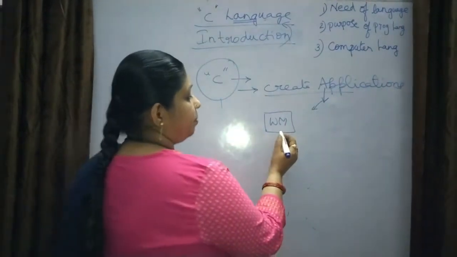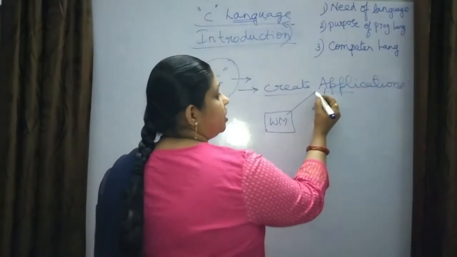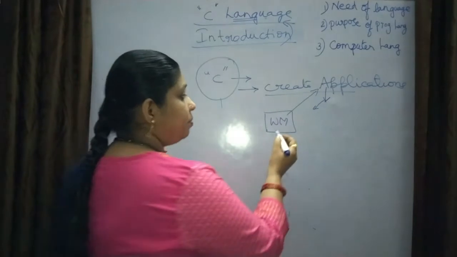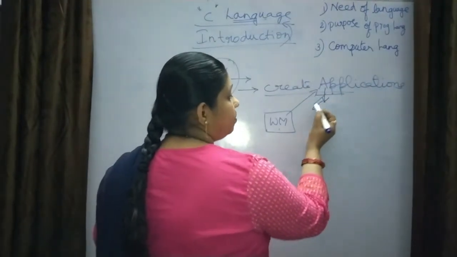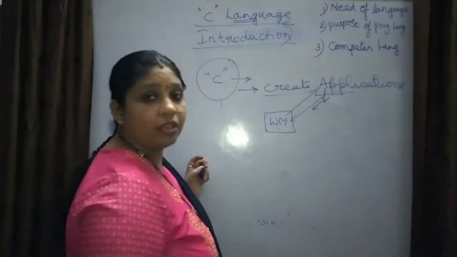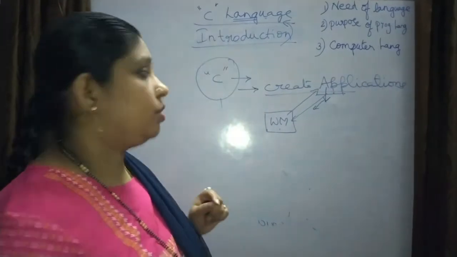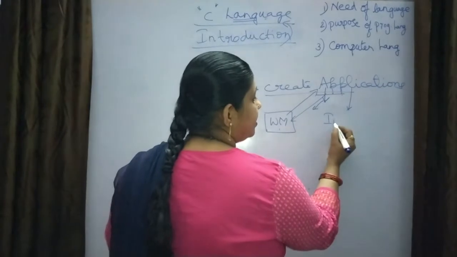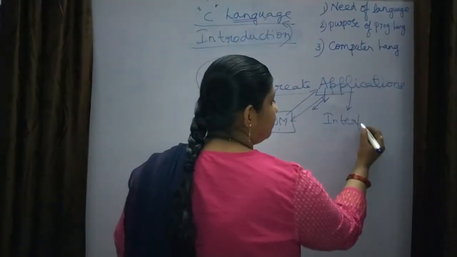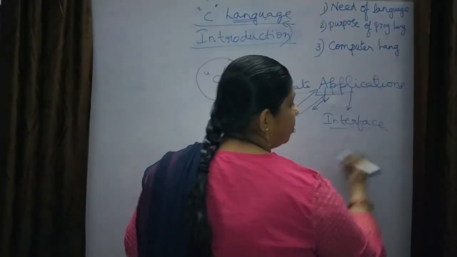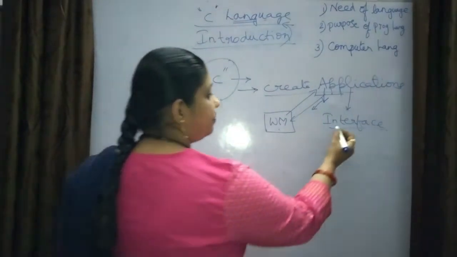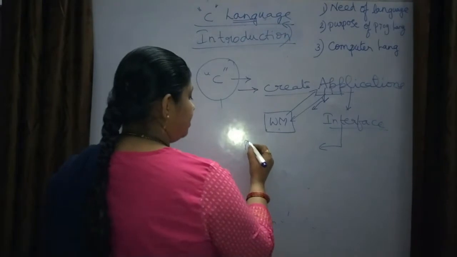So what is happening inside? That application is written by users or programmers. This type of application can be written in C language. First of all, what is this application? I will call this application an interface. Now what is an interface? An interface is nothing but a mediator.